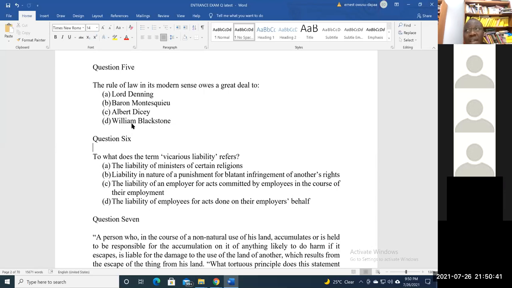Now, because the employer is the person in charge of the premises, and depending upon the category of the visitor, the employer who is responsible is also the owner of the liability.